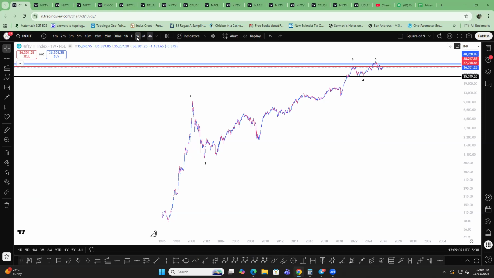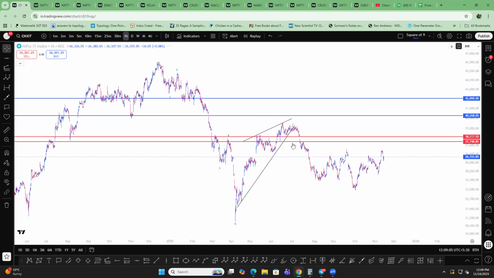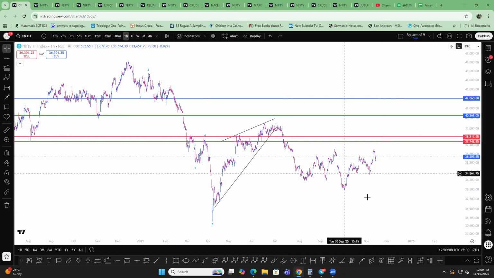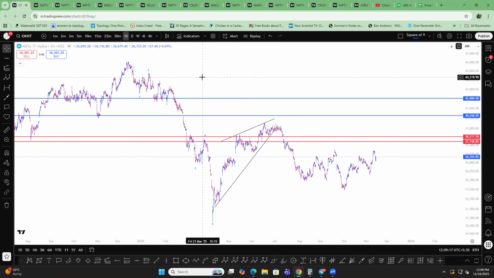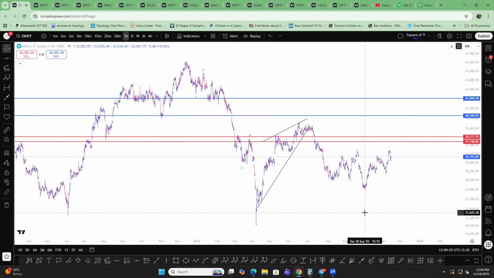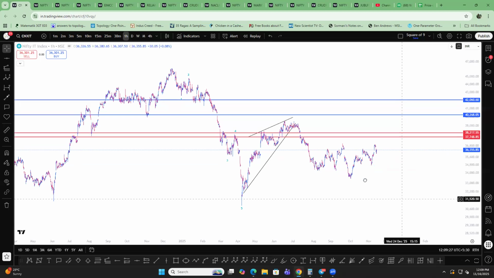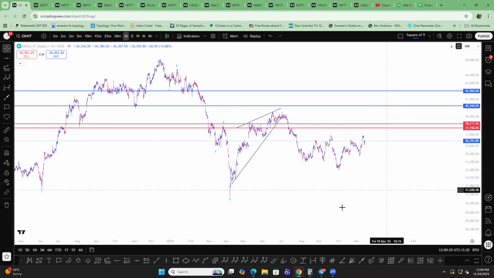Let's come back to the lower frame and see how the IT index is behaving, which can give us a clue for Nifty, because the IT index carries a big weightage in our Nifty index. Now see here, we have already discussed that these corrections follow the ABC pattern.